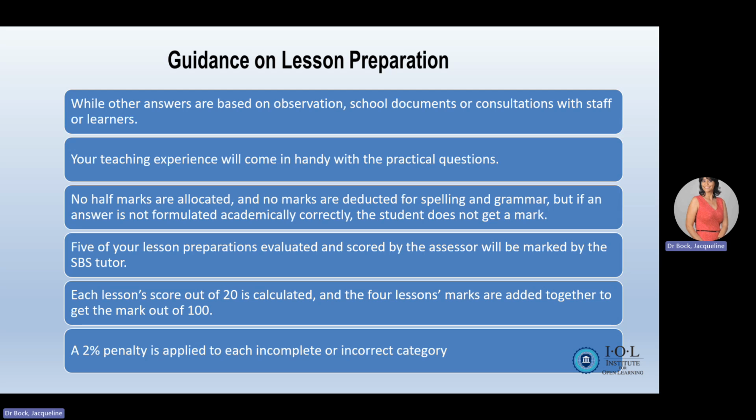Then there's going to be a penalty for any limitations that we may observe in your work. If things are really not up to standard, you will not be awarded any marks, your work will be sent back, and you will fail that particular phase.